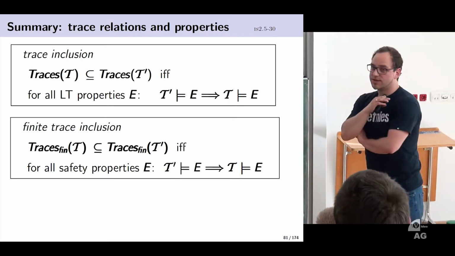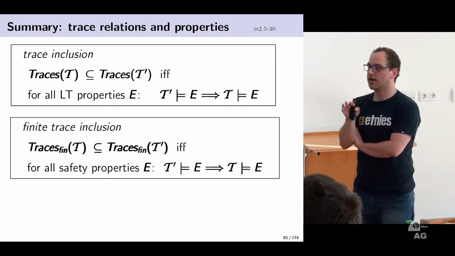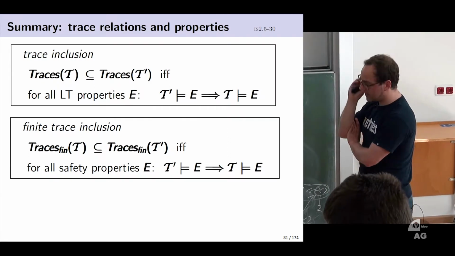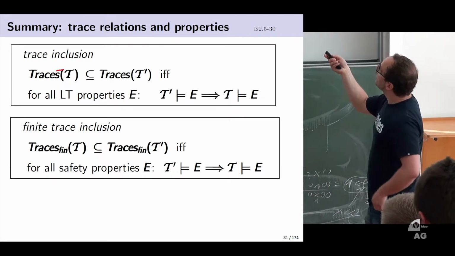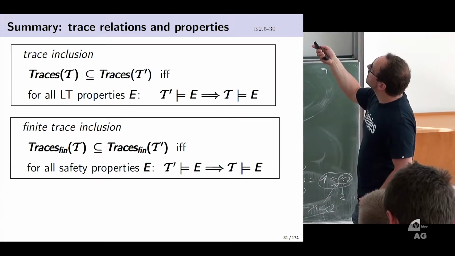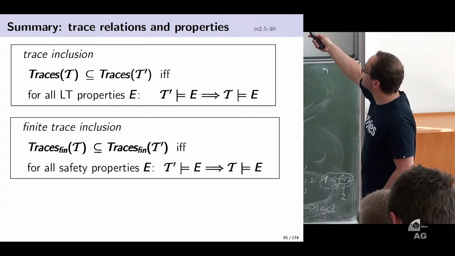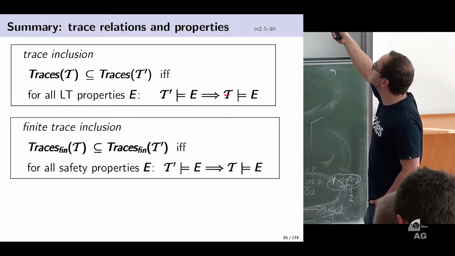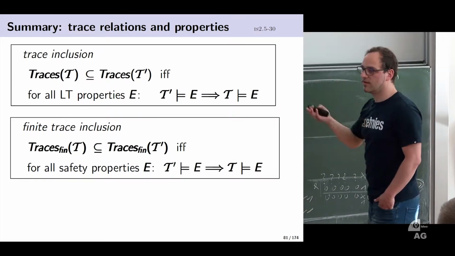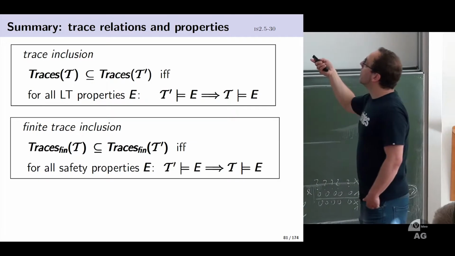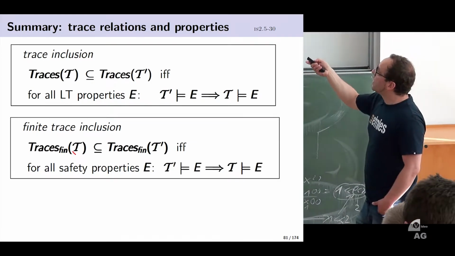Okay, just a summary. We have seen all these before. If we have trace inclusion, then we have that for all LT properties, if the transition system that has more traces satisfies the property, then so does the one with fewer traces. We have the same thing for finite trace inclusion.